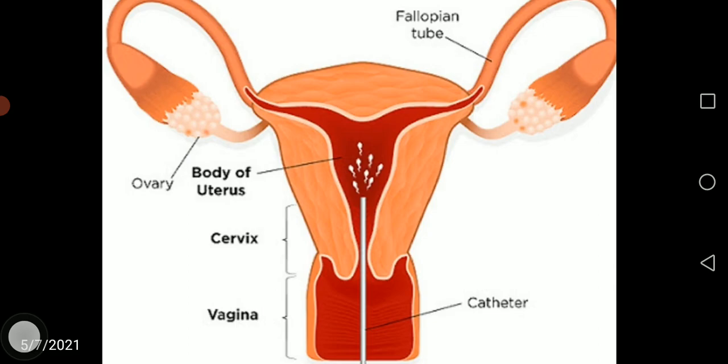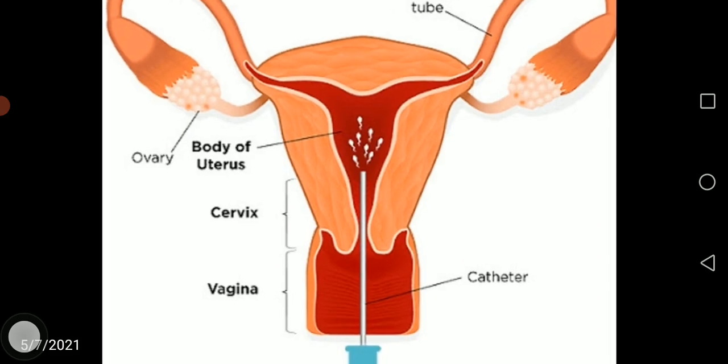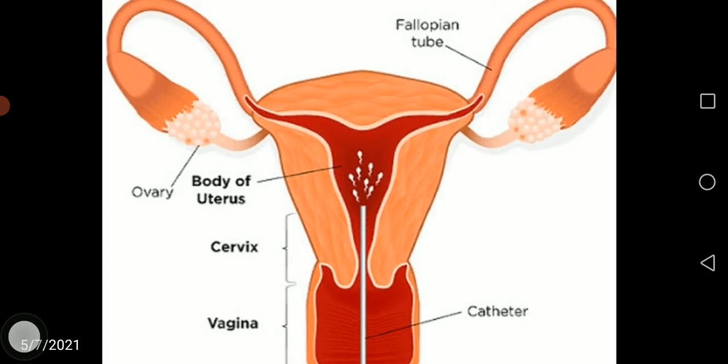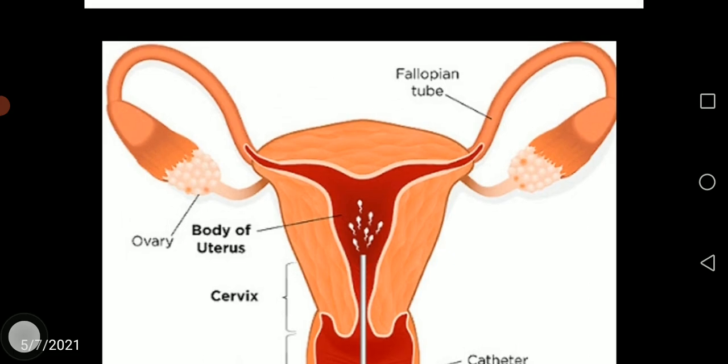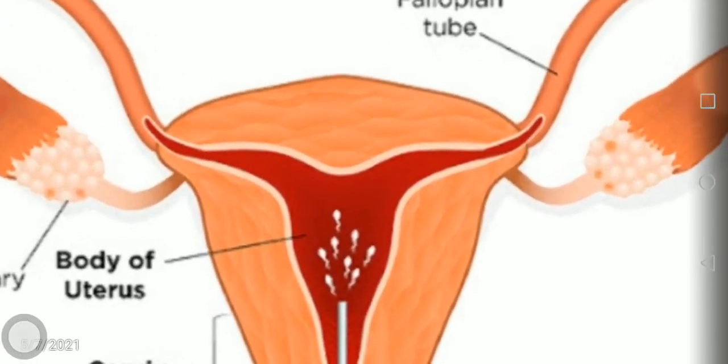What do they do here? This procedure is to treat infertile men with low sperm count. The person who cannot produce a large number of sperm, they extract sperm from that male and introduce it into the female reproductive tract.